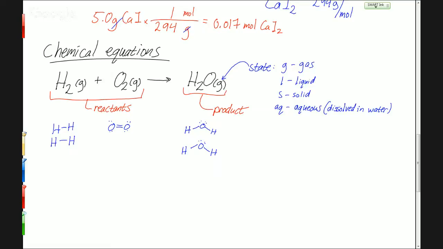And now all the atoms are taken care of. We've got 4 hydrogen atoms on the left, 4 on the right, 2 oxygens on the left, 2 oxygens on the right. So that's balanced. How we express that in the equation is by putting a big number off to the left of each thing that's being changed. So we're going to say 2 H2 molecules react with 1 O2 molecule to form 2 water molecules. And that would be our balanced equation.